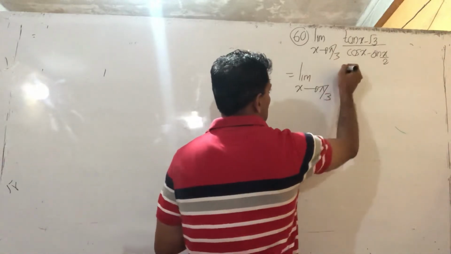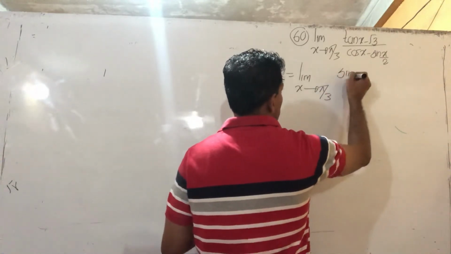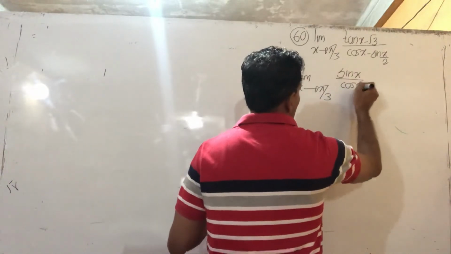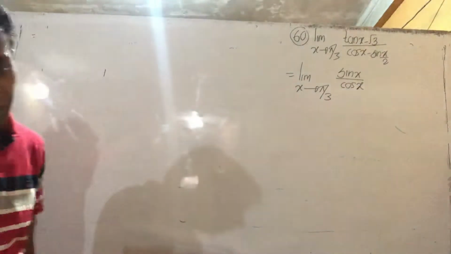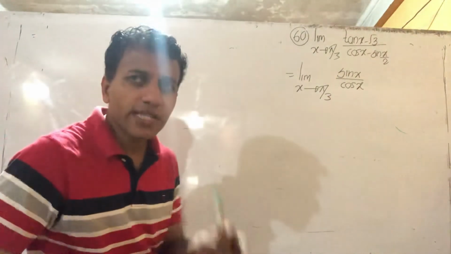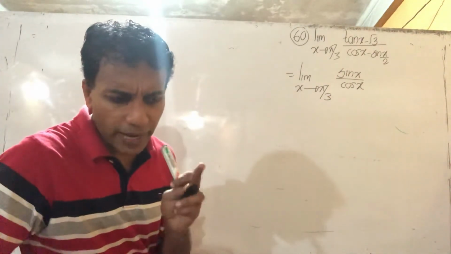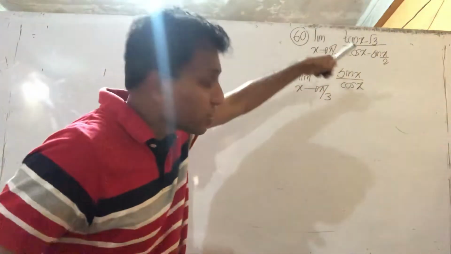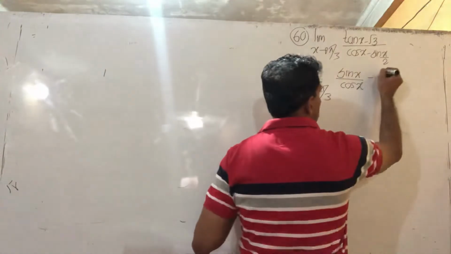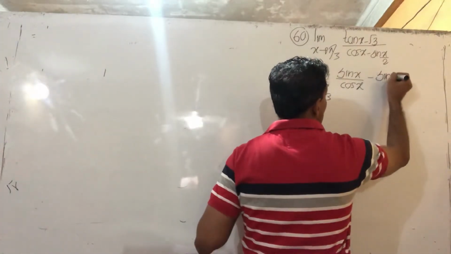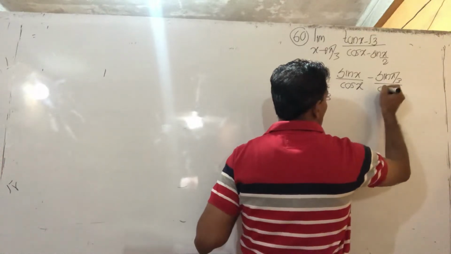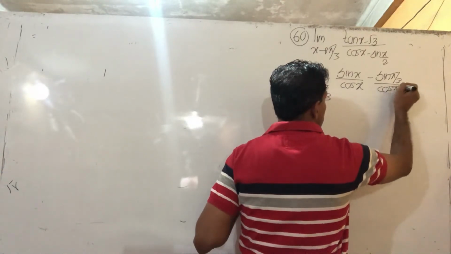Write tan as sin x over cos x. Root 3 is tan pi by 3, so that also becomes minus sin pi by 3 over cos pi by 3.